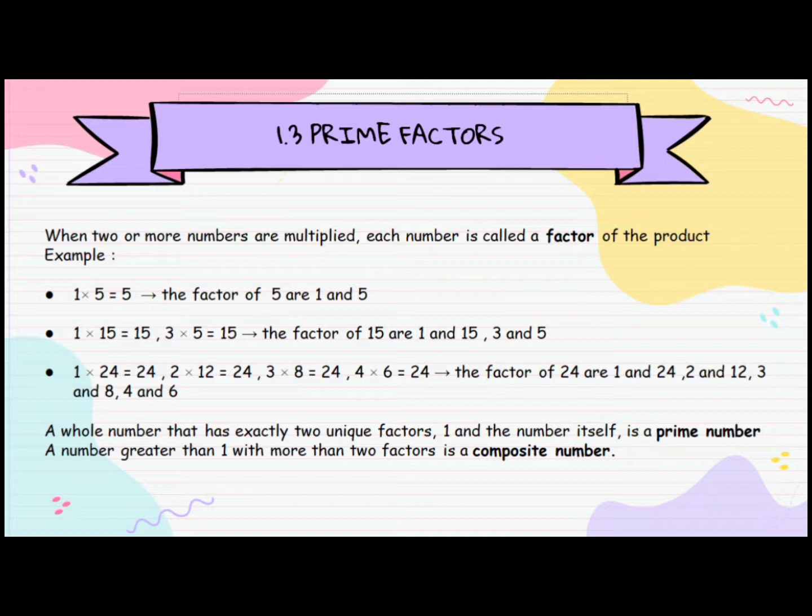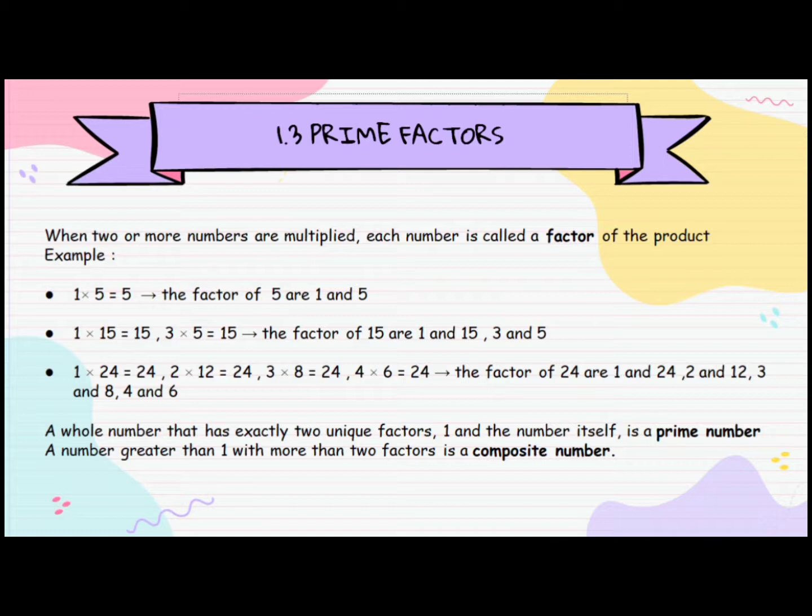Next, 1 times 15 is equal to 15. So, it can also be 3 times 5 is equal to 15. So, the factors of 15 are 1 and 15, 3 and 5.